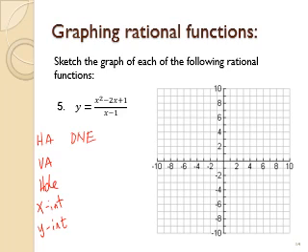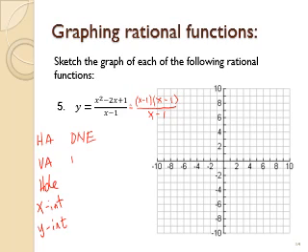Vertical asymptotes. When x equals 1, you would be dividing by 0, but look at the numerator. If you didn't factor it, maybe you should. That numerator is x minus 1 times x minus 1. So when x is 1, you will be dividing by 0, but the top will also be 0.